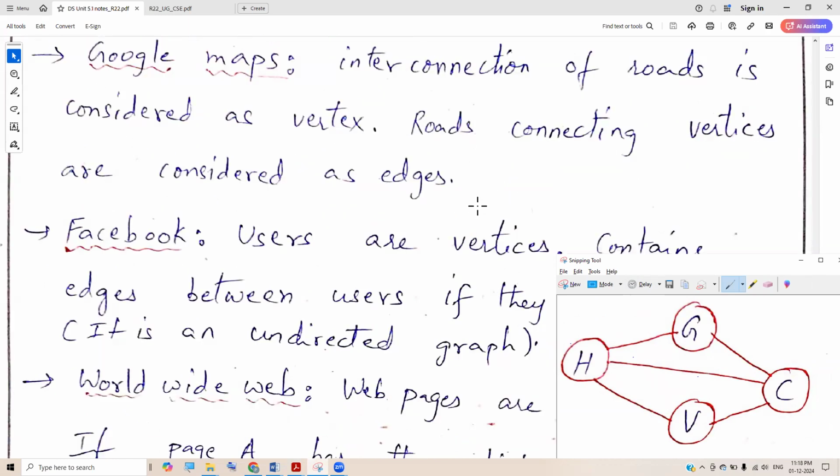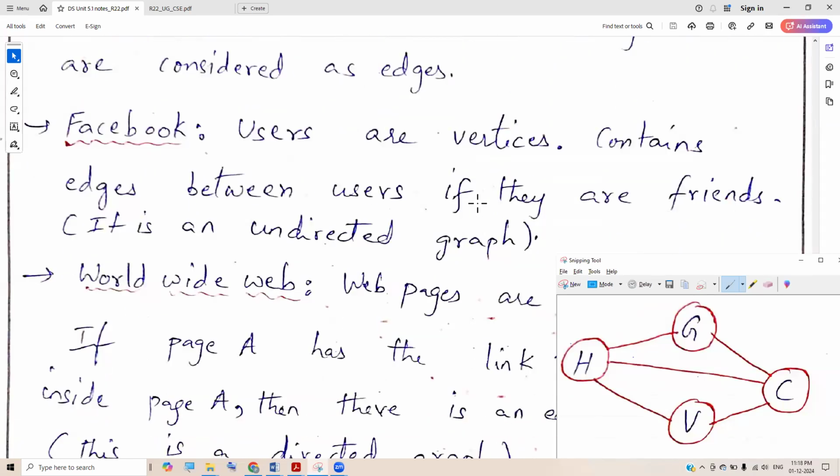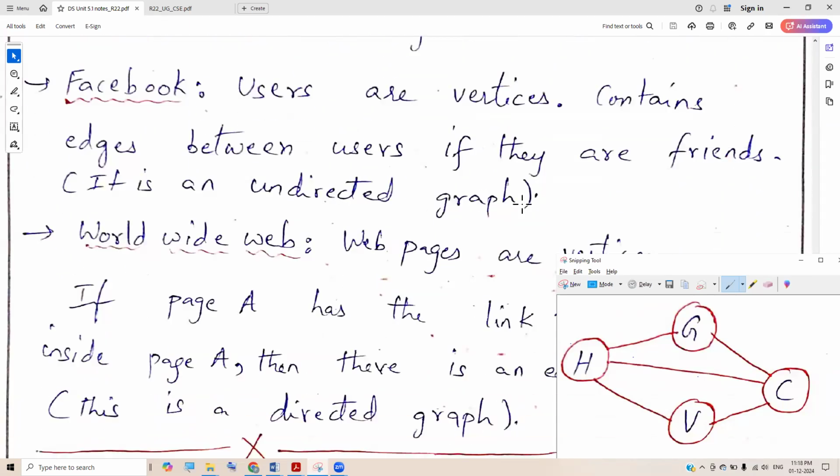Likewise, Facebook is another application of graphs. Here, the vertices are the users, for example, a user is considered as a vertex. The friendship between two users is represented by an edge.